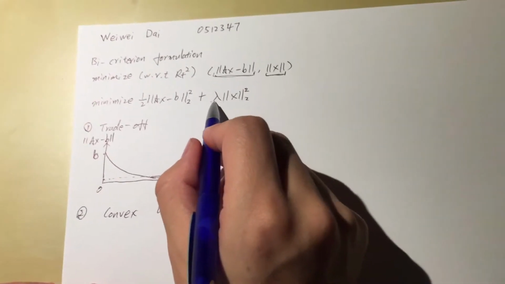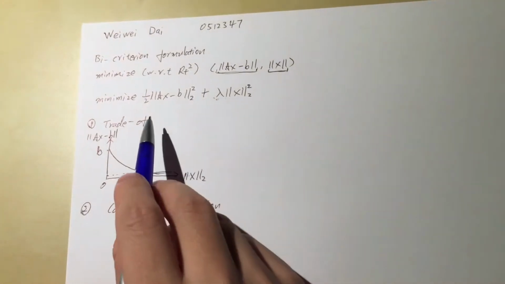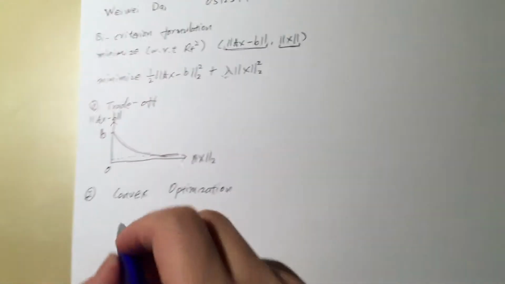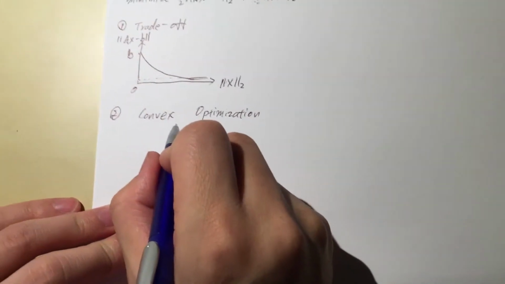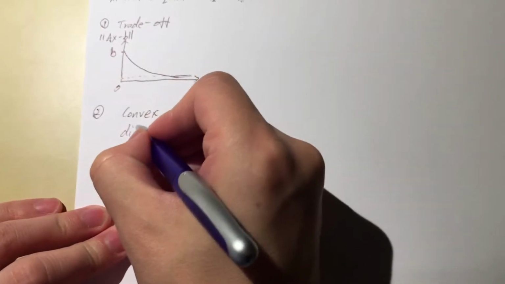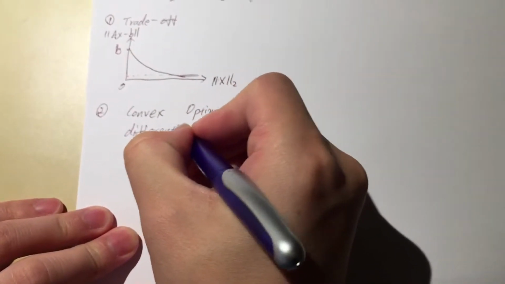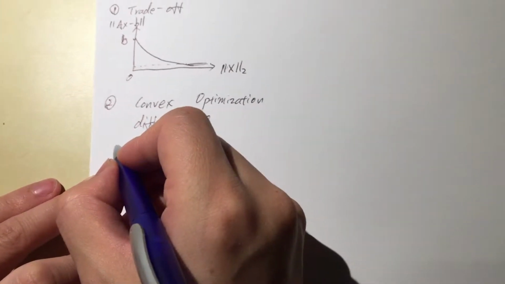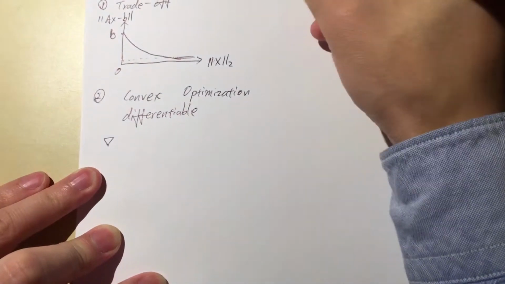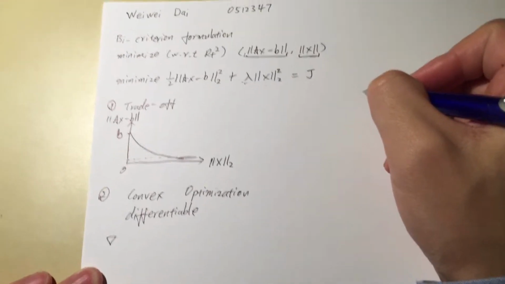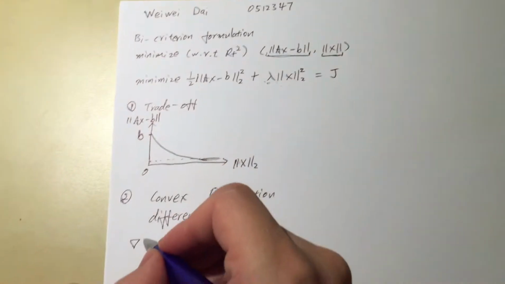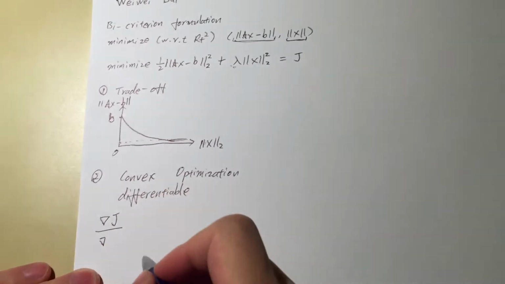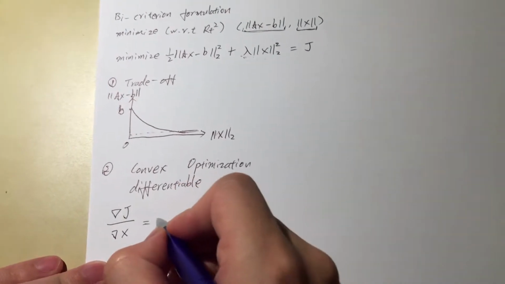Now we take this as an example, and we see this is L2 norm squared plus L2 norm squared, so it's not only convex optimization, it's also differentiable. So the optimal condition is, if we let the objective function equal J, we need the derivative with respect to x to equal 0.